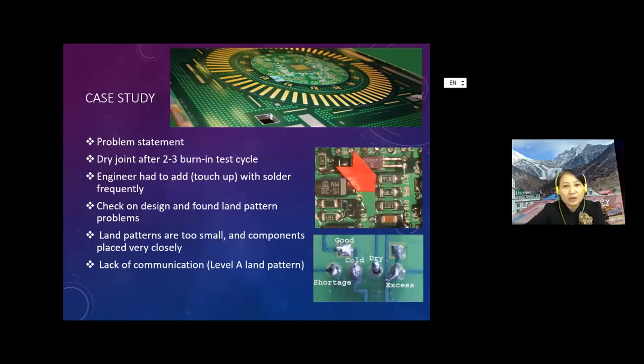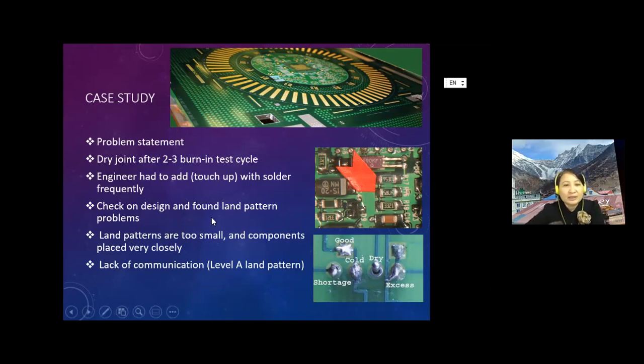If we look at the picture, a dry joint means it's broken or unconnected, so it gives you an open circuit. They had no choice but to do a touch up with solder frequently. And they actually stop the process, and it takes longer to do the test.